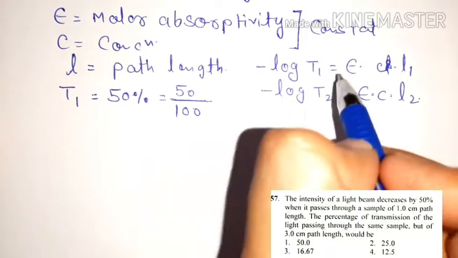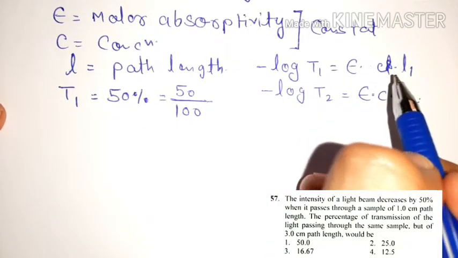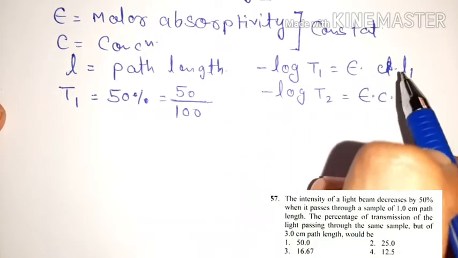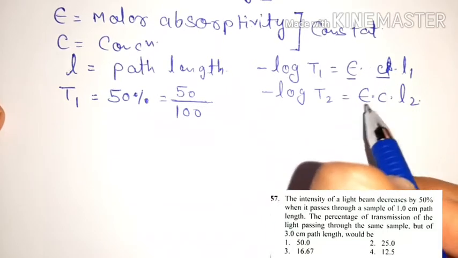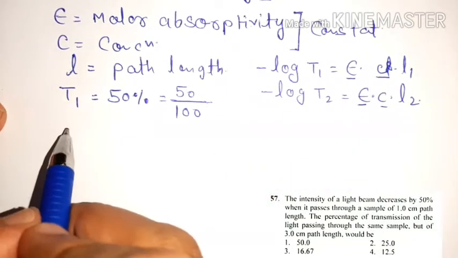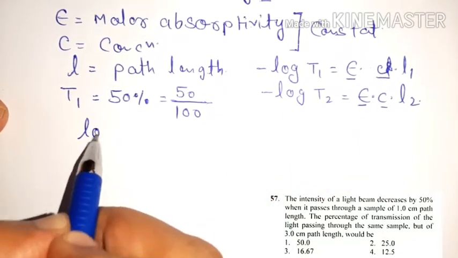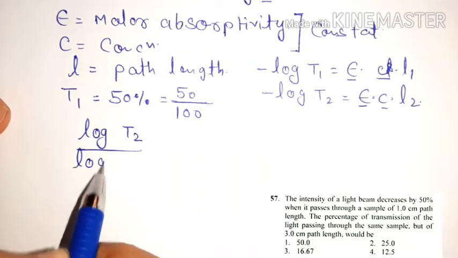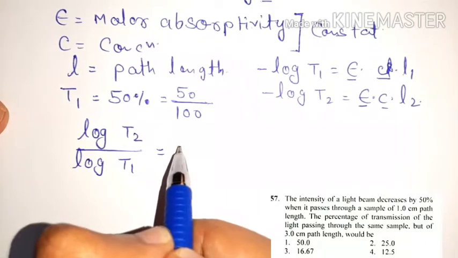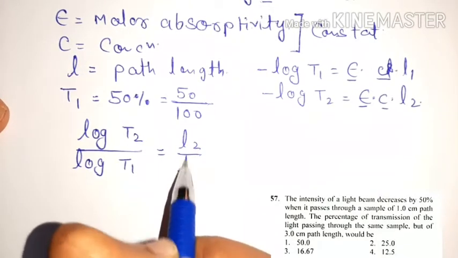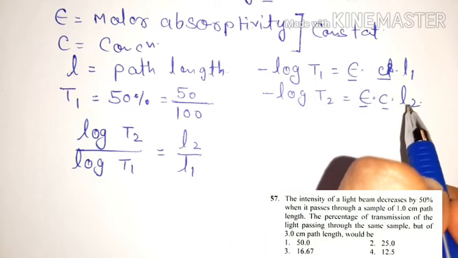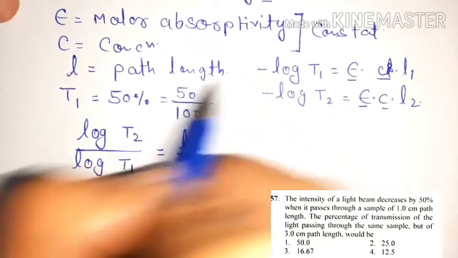So now from these two formulas, what relation do we conclude? The epsilon and c are constant quantities, so we have the formula log T2 by log T1 will be equal to L2 by L1. Why? Because here you clearly see that this T2 will be directly proportional to L2, and this minus will be cancelled out by this minus.